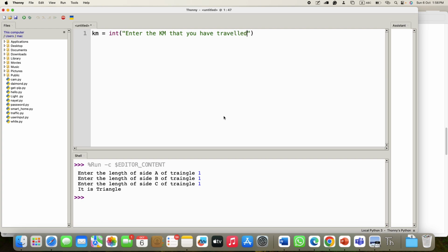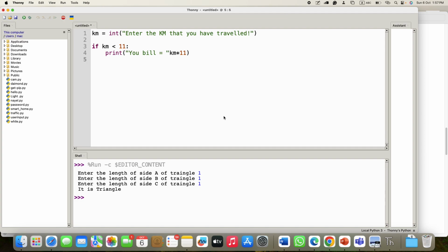And now, once you get the kilometers, if those kilometers are less than 11, which means they are only 10, then it's simple. Your bill is equal to km times 11. That's it, because they're less than 10 anyway. You don't have to do anything, right?